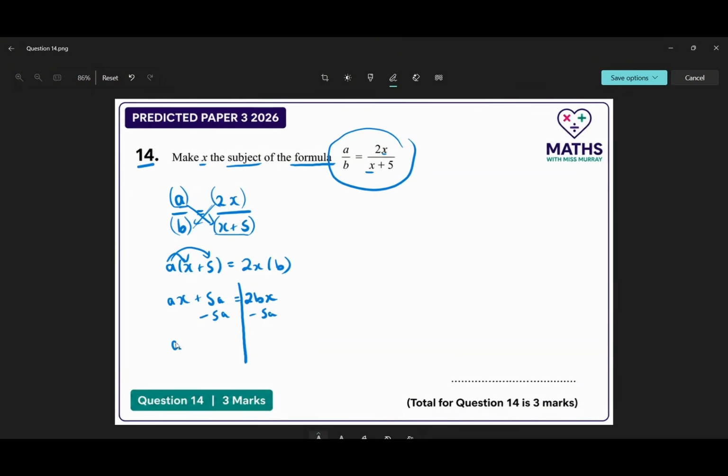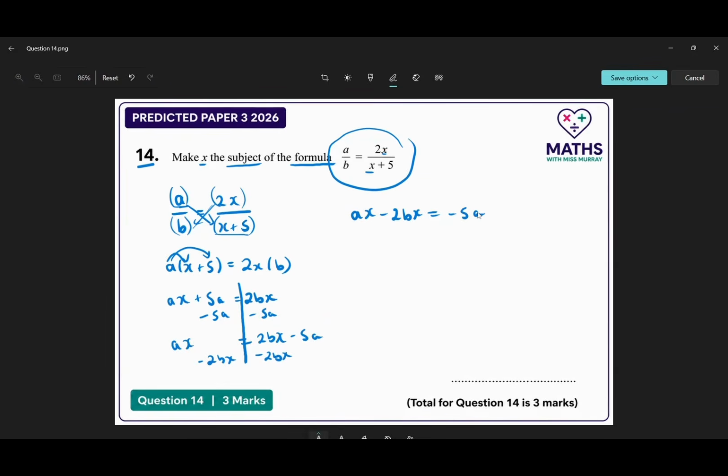So that gives me ax equals, I've got rid of 5a here, and I end up with 2bx minus 5a on the right. But now, because I want the x's together, I'm going to minus 2bx from both sides. Now you can't do ax minus 2bx, so you just write it like that, equals negative 5a.